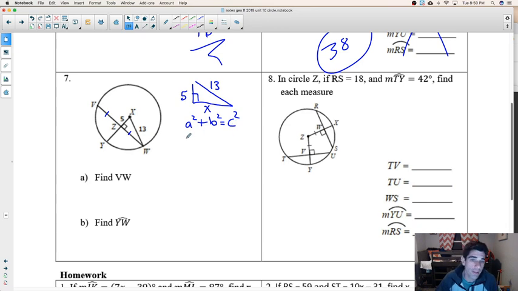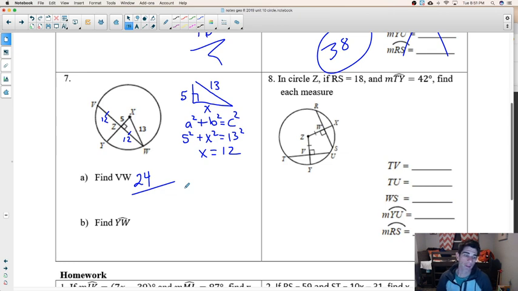Correct, the Pythagorean theorem. So 5 squared plus x squared equals 13 squared. Bingo, bango, bongo, you're going to get 12. This distance is going to be 12, which means this distance is going to be 12, which means VW is 24. All right, so there's part 1.